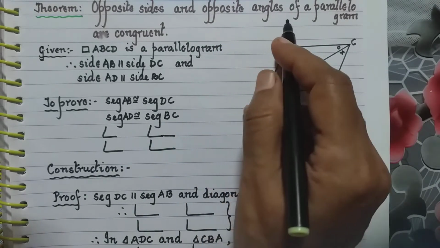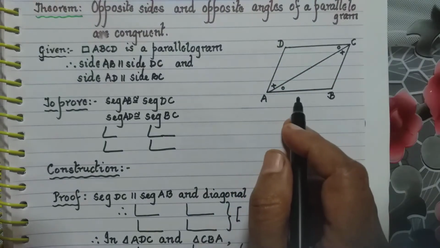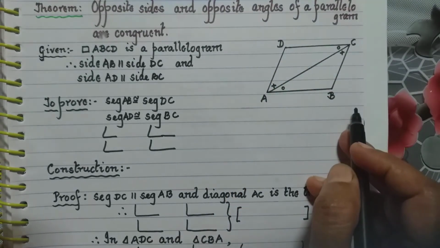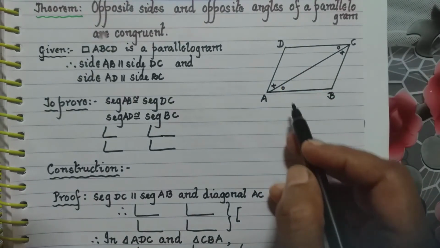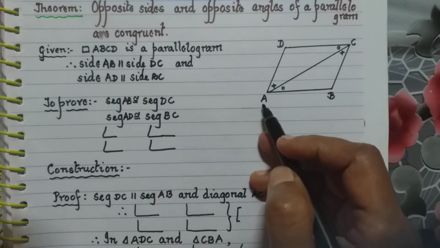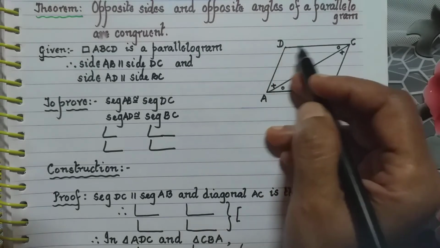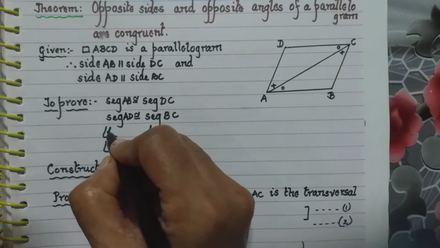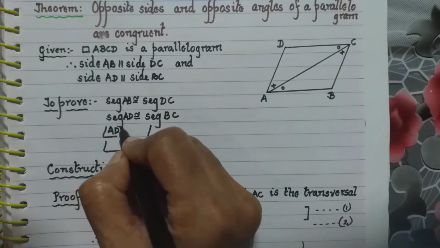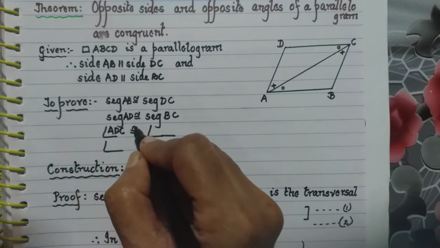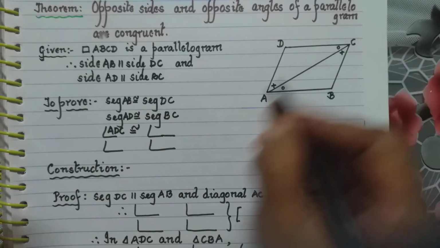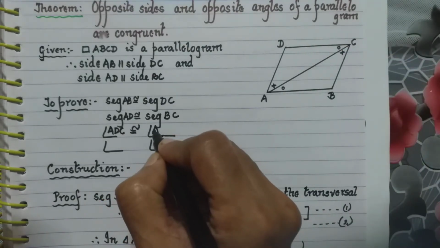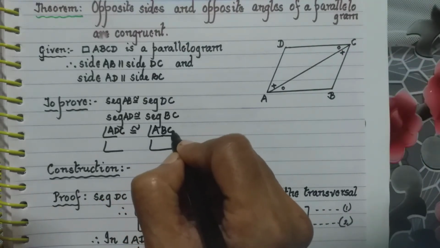Also we have to prove that the opposite angles are congruent. Which are the opposite angles? You see that angle D and angle B are opposite to each other. So let us name it with three letters: angle ADC is congruent to angle ABC.